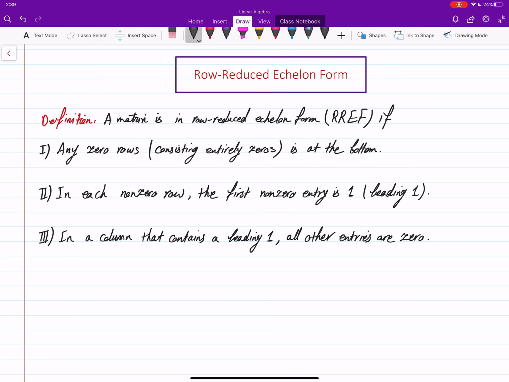And the last condition, which is a very important condition, gives us the pattern in which the leading ones will appear.